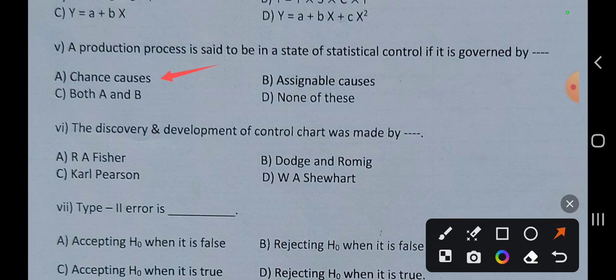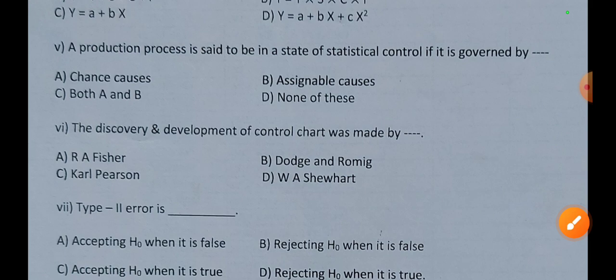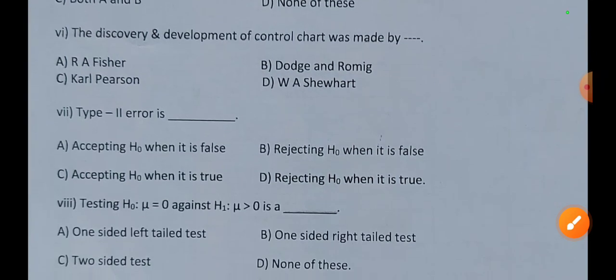If assignable causes are present, then we can say that it is out of statistical control. And if only chance causes are present, then there is no harm to the product. So therefore a production process is said to be in a state of statistical control if it is governed by only chance causes.